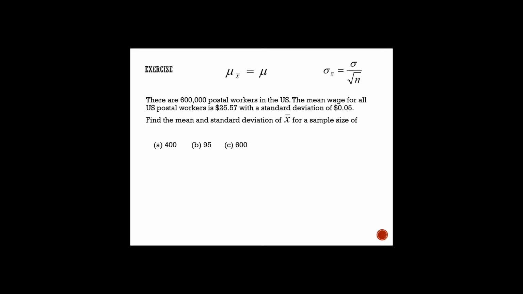I know that because it says the mean wage for all and the standard deviation. So it's talking about the population there when it lists those. So we want to find the mean and standard deviation of x bar for a sample size of 400, and then for 95, and then for 600. So we're going to do all three of those on page 3.